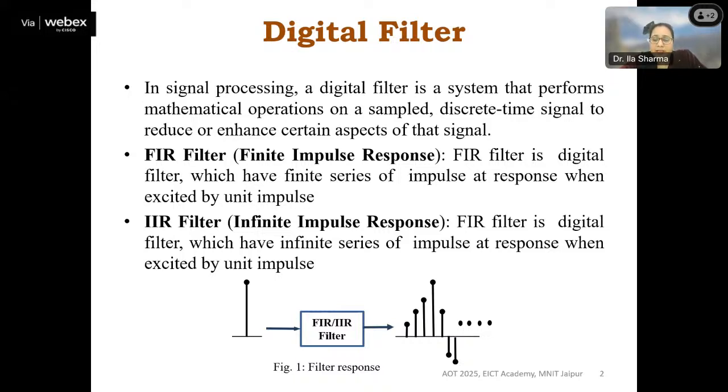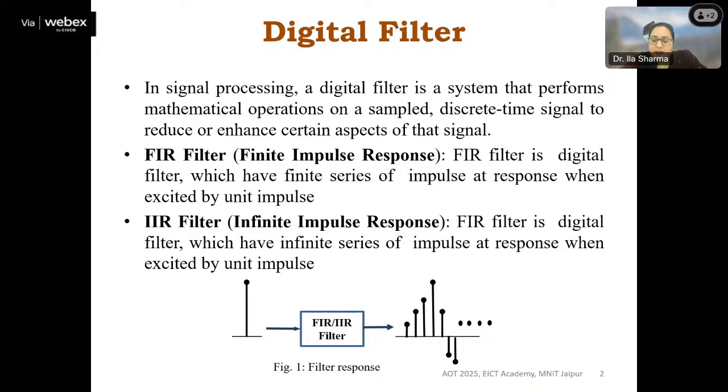Whenever we compute the response, we simply define our transfer function, that is output by input. Got my point? What is a transfer function? That is represented by H of omega, H of n, and that will be output upon input.